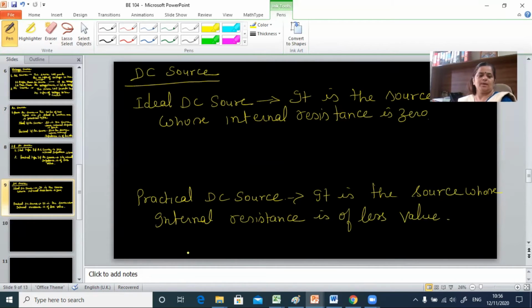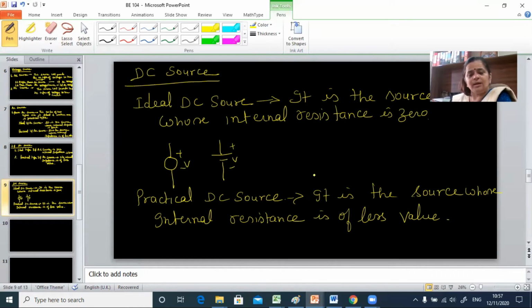Now one important thing, if I want to represent the symbol, the ideal DC source symbol will be like this, or you can make it like this. So this is the symbol for ideal DC voltage source.